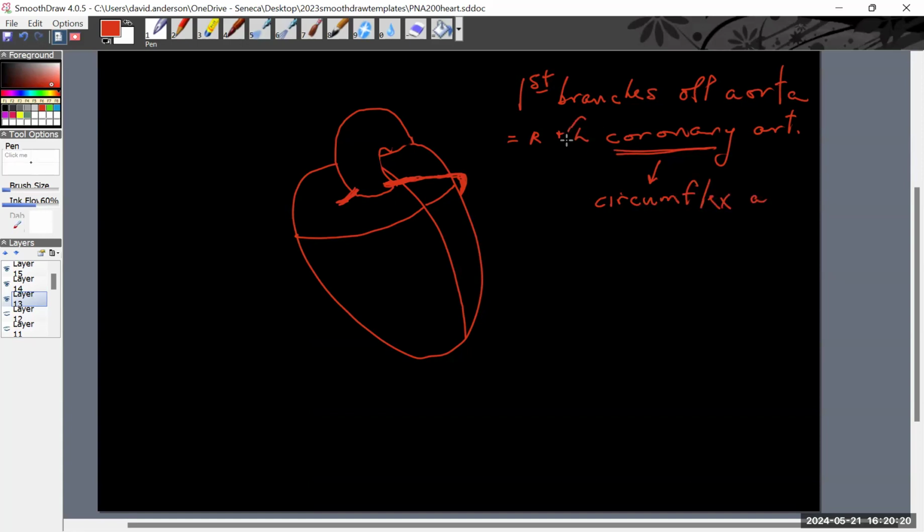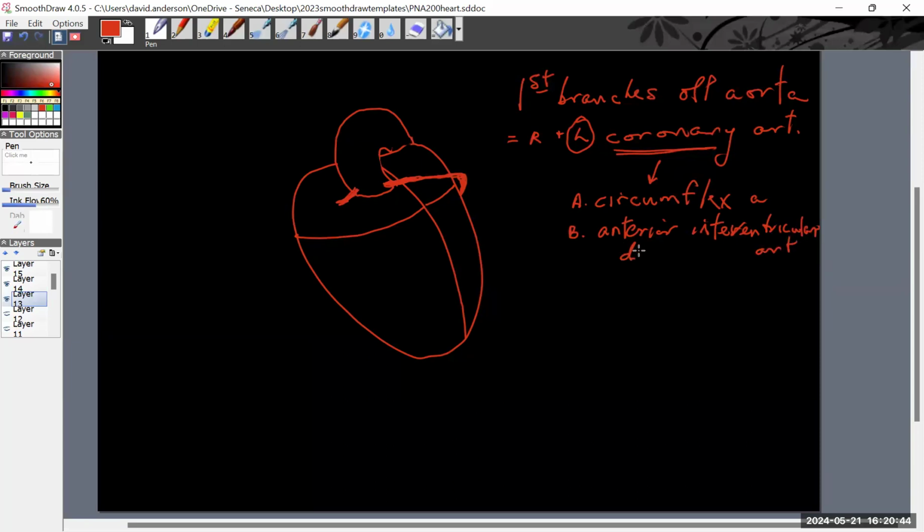It's coming off of our left coronary artery, and it's going to have a branch that's called the circumflex, and it's going to have another branch that's called the anterior interventricular artery.